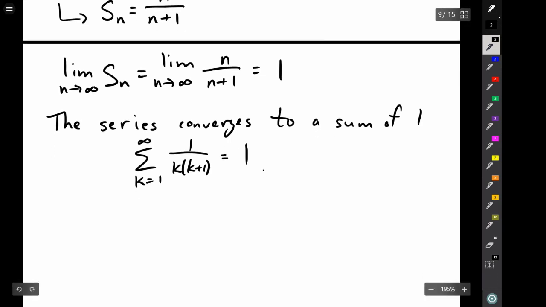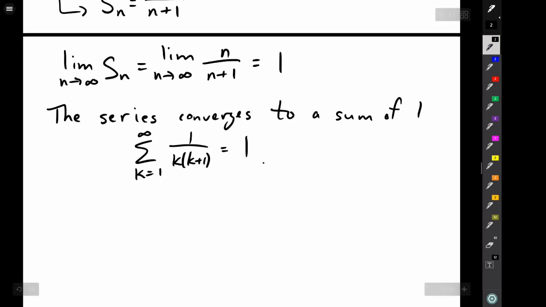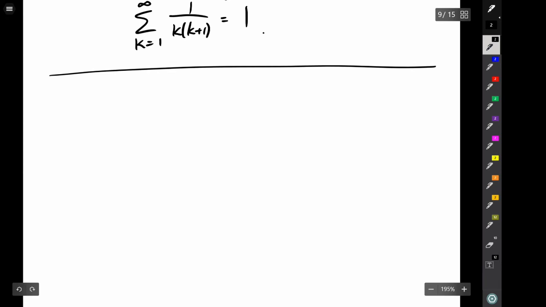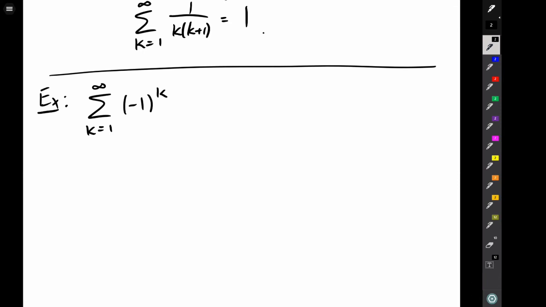So let's look at one more example here, just to see what else can happen. Let's look at the series from k equals 1 to infinity of (-1)^k. Here, a_k, the general term of the series, is (-1)^k.